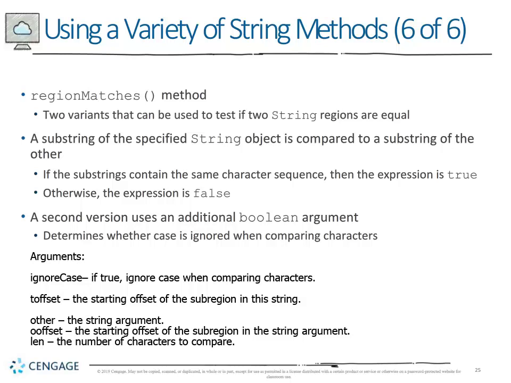The second argument is the starting offset of the subregion in this string. The third argument is the other string object. The fourth one is the starting offset of the subregion in the string argument. And the fifth argument is the length, the number of characters to compare.